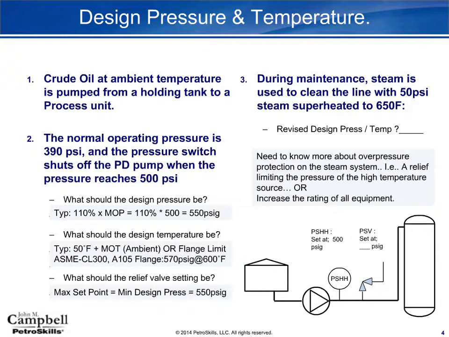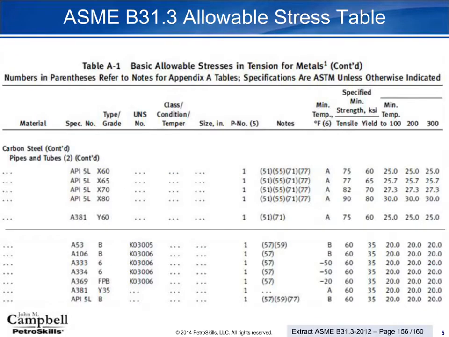So once we have a clear definition of pressure and temperature, the first thing I want to try to explain is in B31.3, the allowable stress and the behavior of allowable stress with temperature.